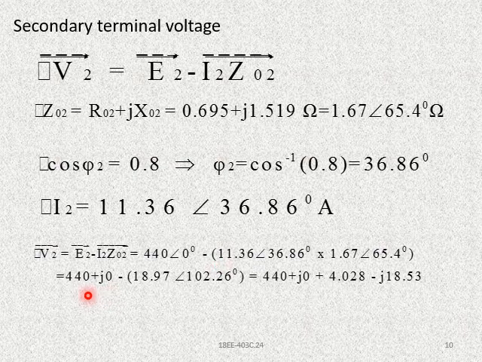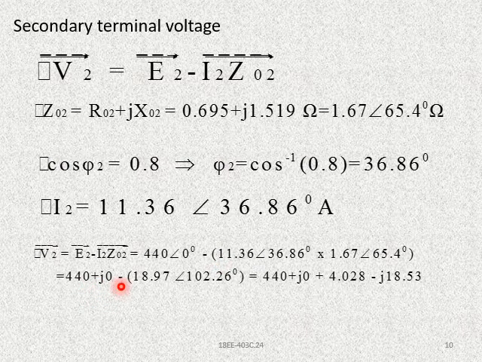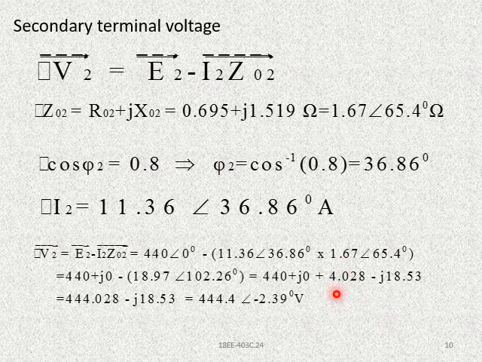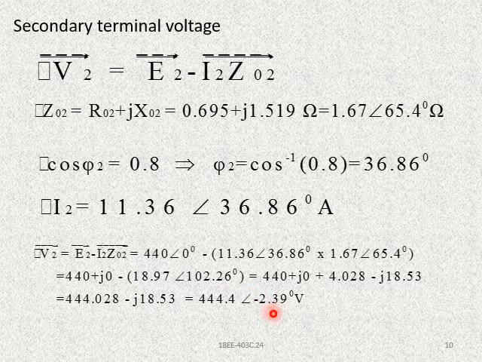So from this, the result is 440 plus J0 minus 18.97 at an angle of 102.26 degrees, which is again given as 440 plus J0 plus 4.028 minus J 18.53. That in terms again is 444.028 minus J 18.53, which is equal to 444.4 at an angle of minus 2.39 degrees volt.